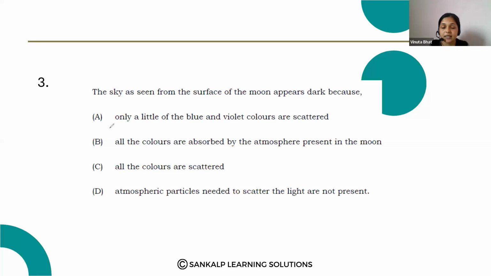Here they are asking about the sky as seen from the surface of the moon. When we see the sky from the earth, when it is clear, it looks blue, right? But if you observe the sky from the moon, it looks dark. Why does it look dark? Only a little of blue and violet color scattered? No, this is not possible.